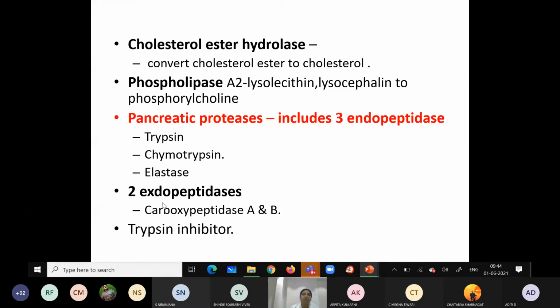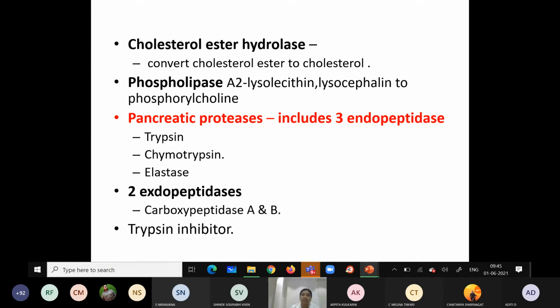The second important cause is the presence of trypsin inhibitor enzyme. It always regulates or controls the action of trypsin. Only as much action as is required will occur, and the excess action is suppressed by this inhibitor.